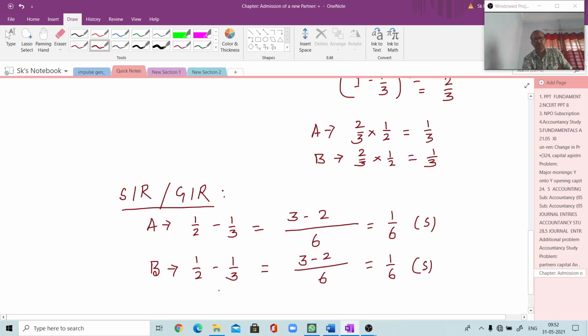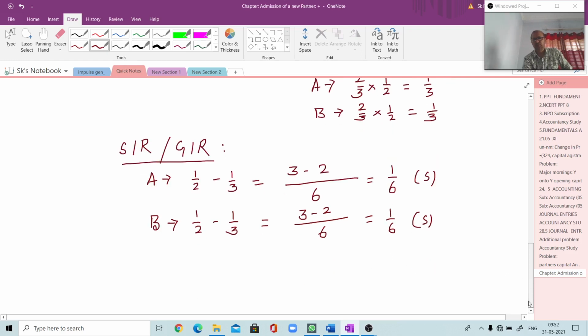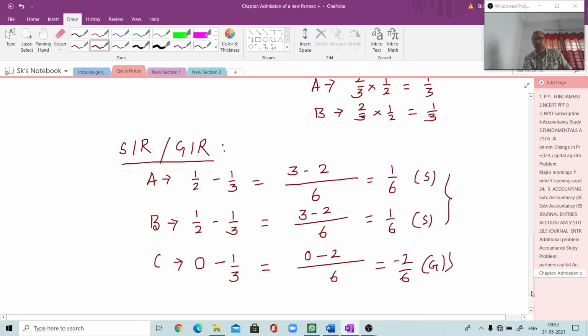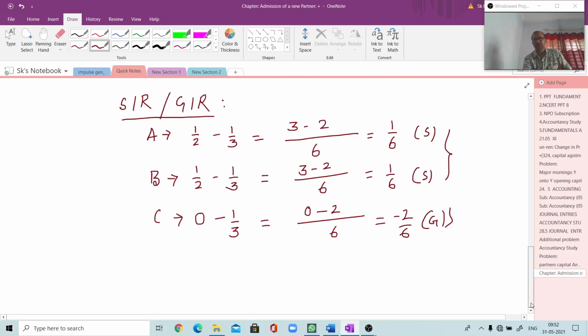We know sacrifice equals gain. Now C doesn't have an old share, so 0 minus 1/3, LCM 6, 0 minus 2, minus 2/6. This is gain. So here total sacrifice equals total gain, and usually we compare whether sacrifice equals gain or not.